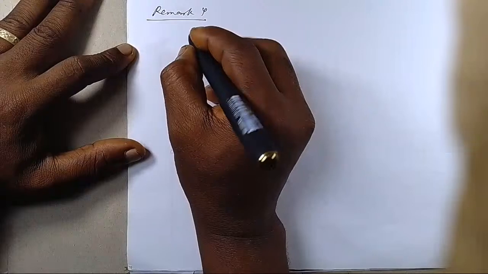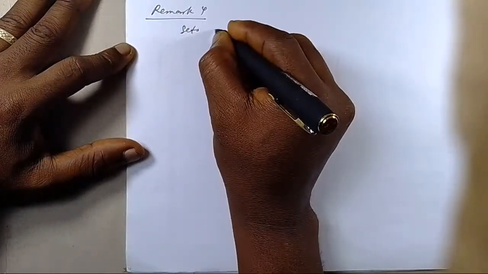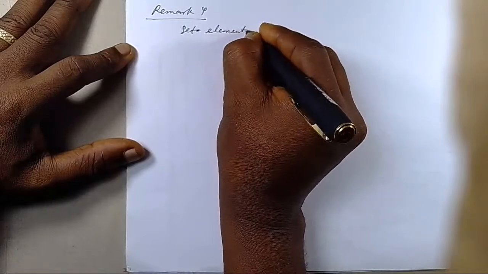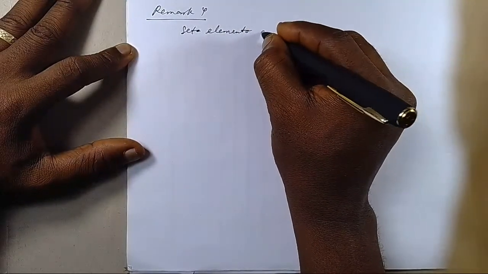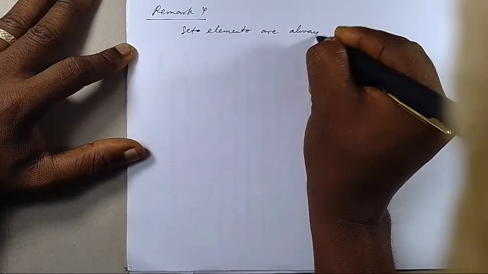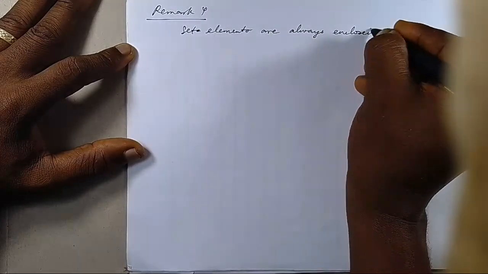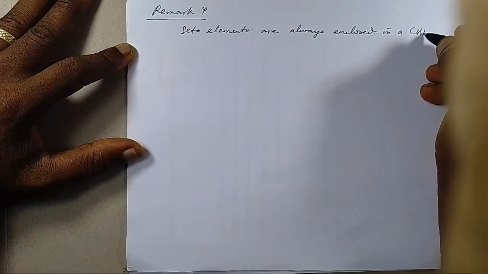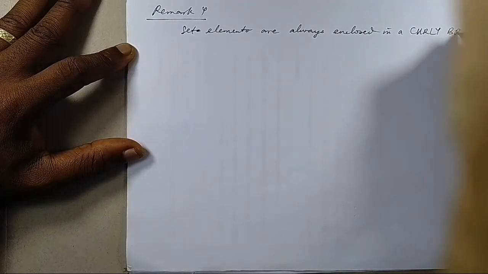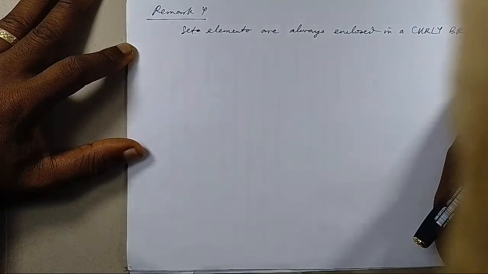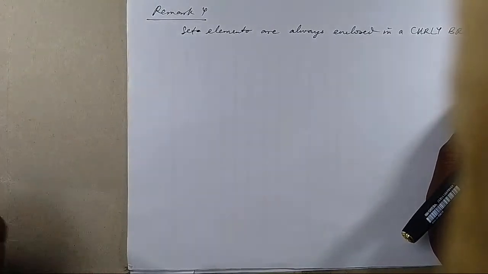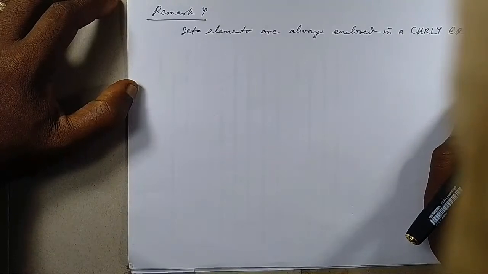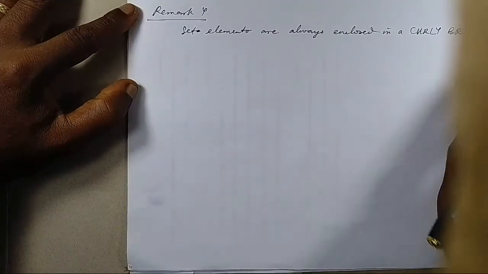So remark number 4: set elements are always enclosed in what we call a curly brace, okay? So if an element is found in a set, you can put that element, or the elements found in a set, in what is called a curly brace.